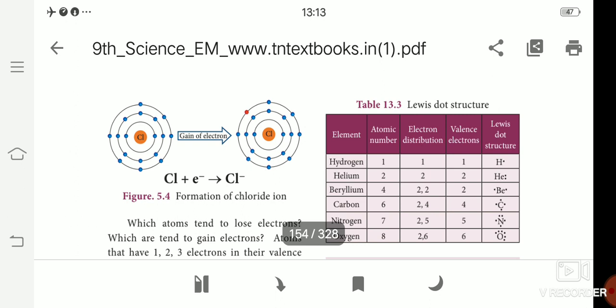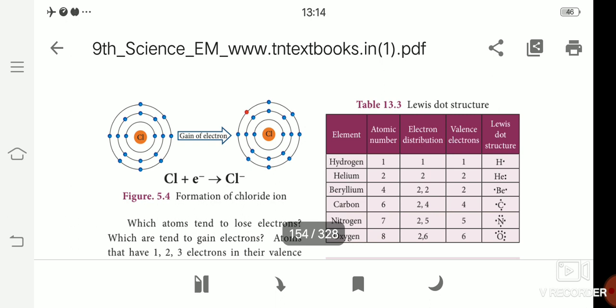So one atom is A and another atom is B. The A atom has fewer electrons than the stable octet electronic configuration. So one electron is transferred from the A atom to the B atom.